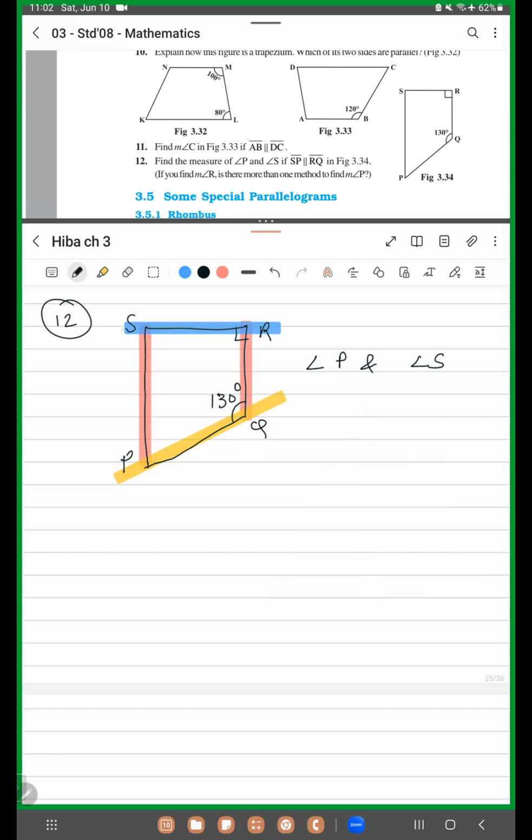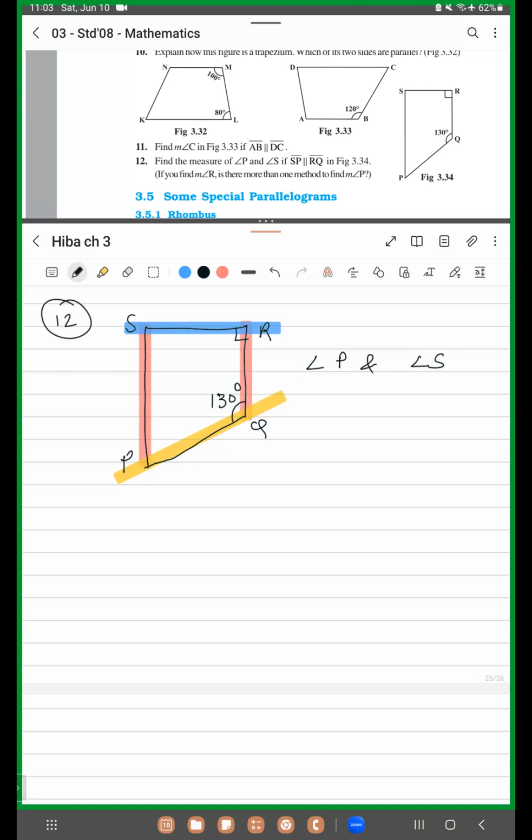Do we know that it is cutting both of those other lines, both the pink lines? Yes. That means it's a transversal. Transversal means if there are two lines and there is a third line which is cutting both of those lines, then the third line is known as a transversal.